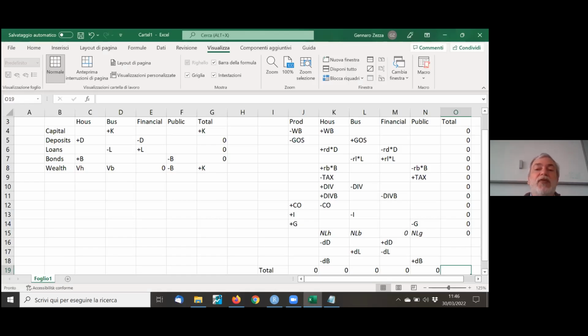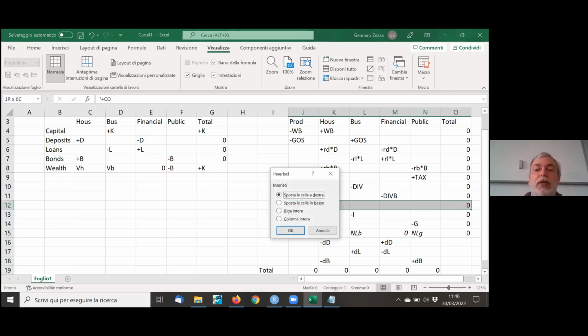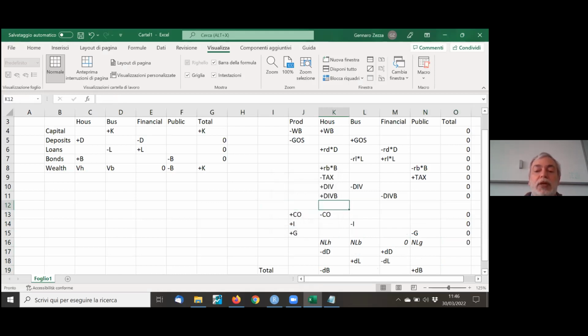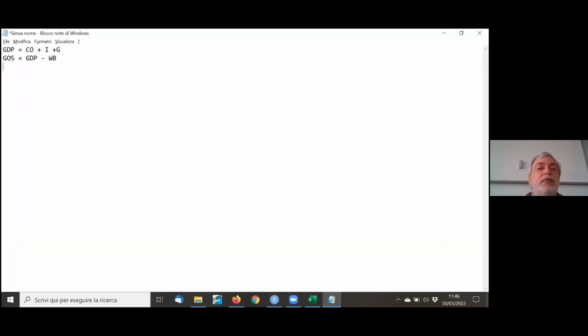we need to specify all these interest payments, but we will want to have a measure of disposable income. And disposable income is logically appearing in here as YD of households, and it should be the sum of these components.